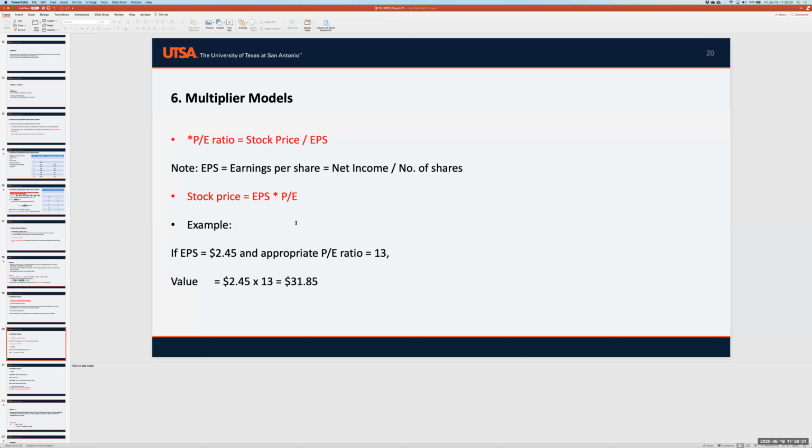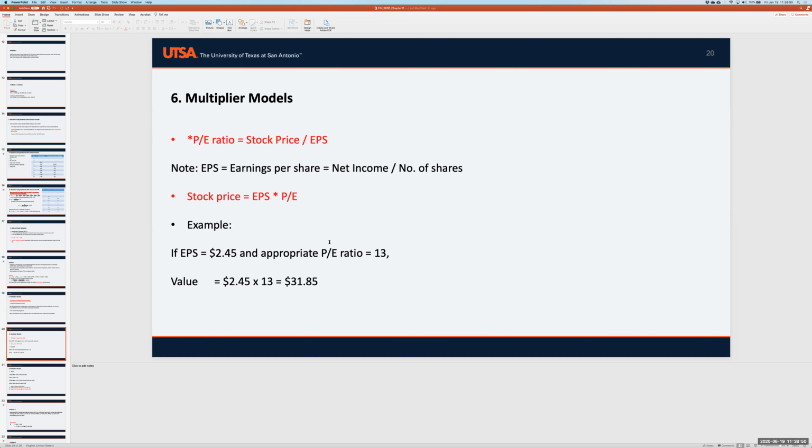But you want to know about some tech company that doesn't pay any dividends. Based on the industry average PE ratio, you can just put the PE ratio here and the earnings per share of the company, and you just find the stock value of this company.